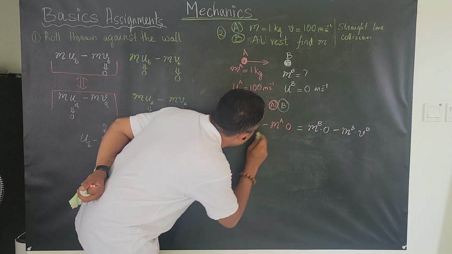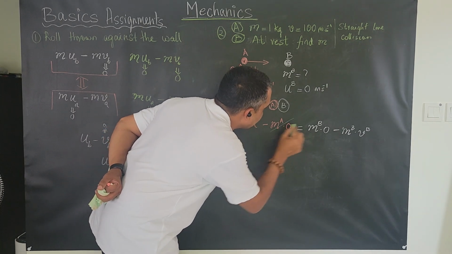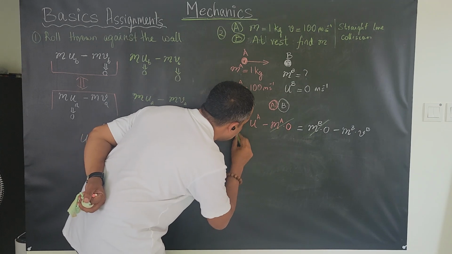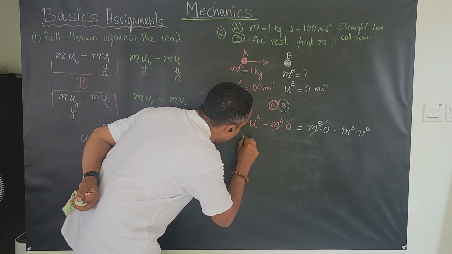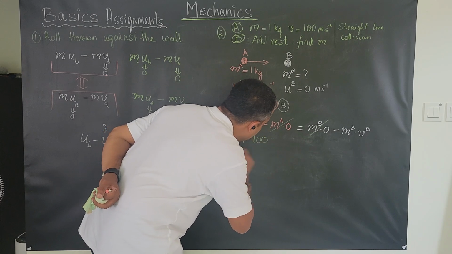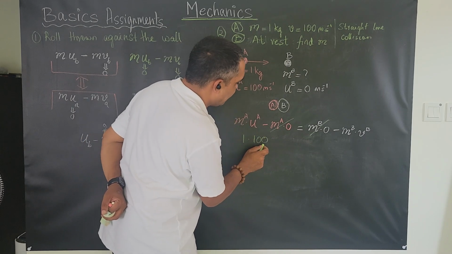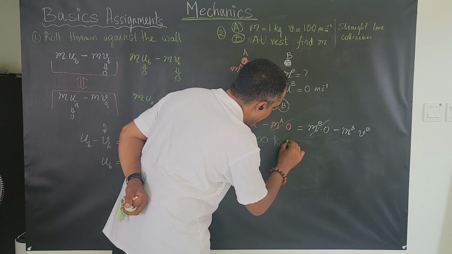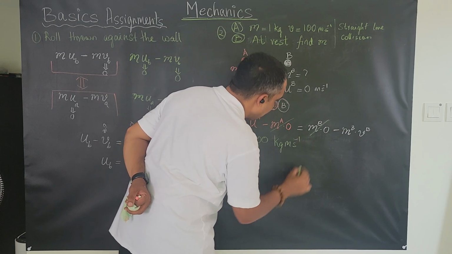So I'll bring that 0 and that 0, so they're gone. I'll substitute them and say this would be 1 times 100, right? That's 1 kilogram, 100 meters per second. So don't forget kilogram, meters per second.